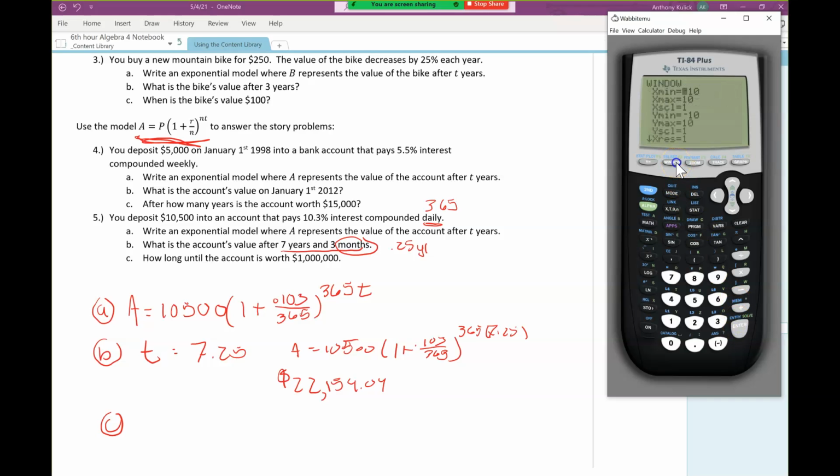Now I'm going to fix a window so I can see this intersection. Remember, x is representing time, so the minimum time is 0.